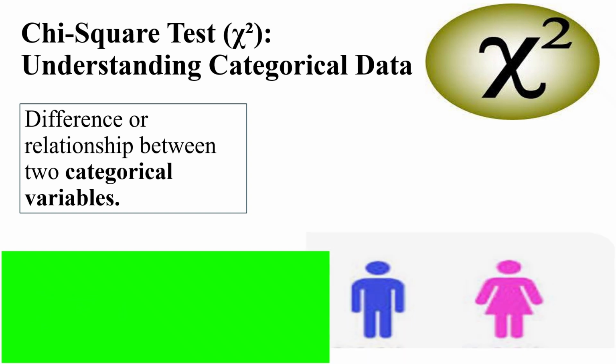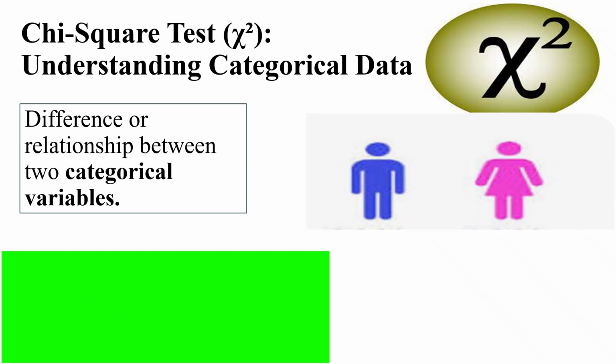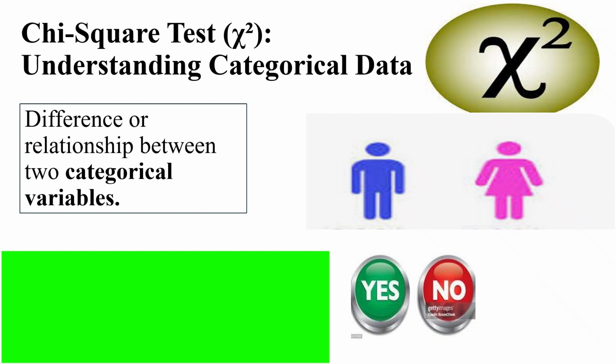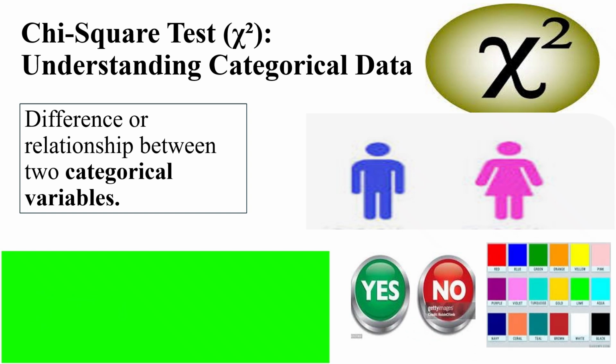Categorical data refers to information that can be divided into distinct groups or categories, such as gender, male or female, responses like yes or no, or even favorite colors. The chi-square test helps us determine whether there is a difference or a relationship between two categorical variables.